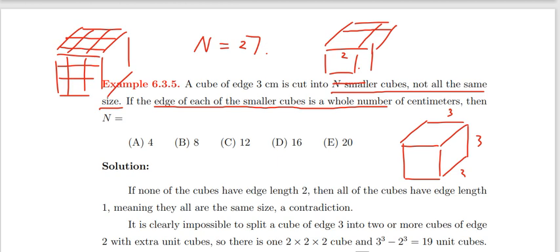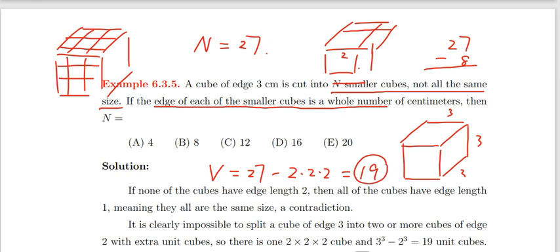So we can check: if we cut 2 by 2 by 2, then how much volume is left? Volume left equals total volume 27 minus 2 times 2 times 2, equal 27 minus 8, which is 19.